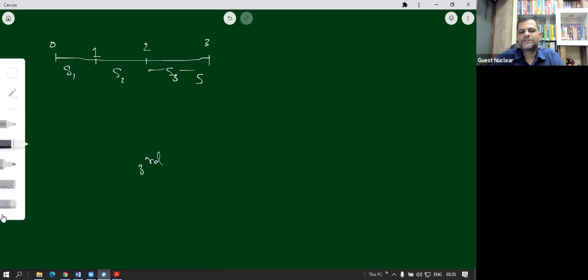Okay, तो इस तरह से हम देख सकते हैं कि in general what can we say is, if suppose we want to find out the distance traveled in second second, for example, what we have to do is we have to subtract the distance traveled in first second from the distance traveled in 2 seconds. Okay, तो मतलब 2 सेकंड में जितना डिस्टेंस ट्रैवल होता है उसमें से 1 सेकंड के अंदर डिस्टेंस ट्रैवल किया हुआ हमको सबट्रैक्ट करना होता है.